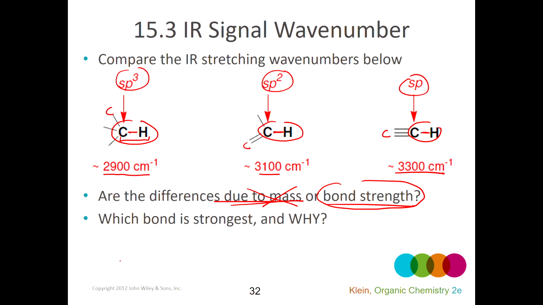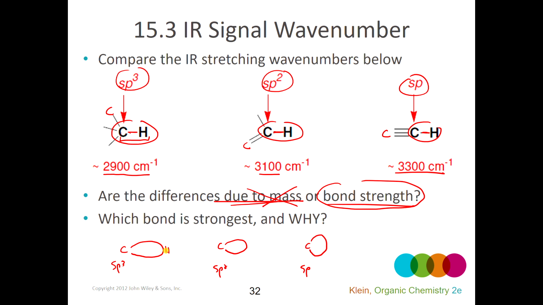So when my carbon is sp3, an sp3 orbital is more elongated versus a carbon with an sp2, a little bit more compact, versus a carbon with an sp, and these are exaggerated versions of the shapes, but the sp is even more compact.